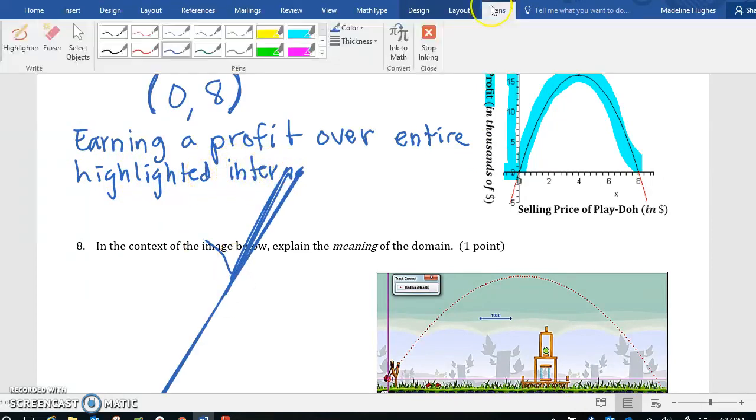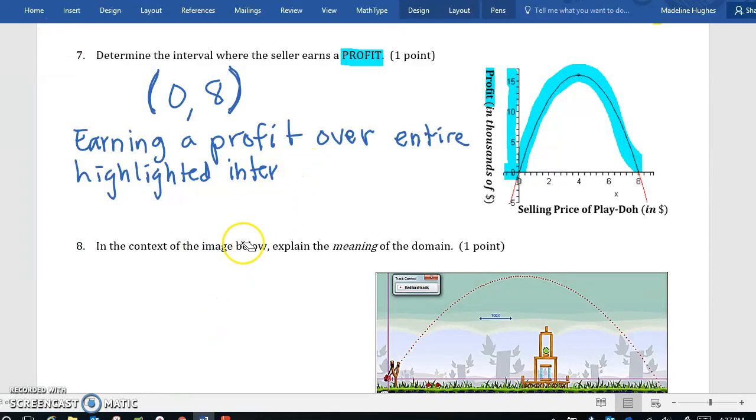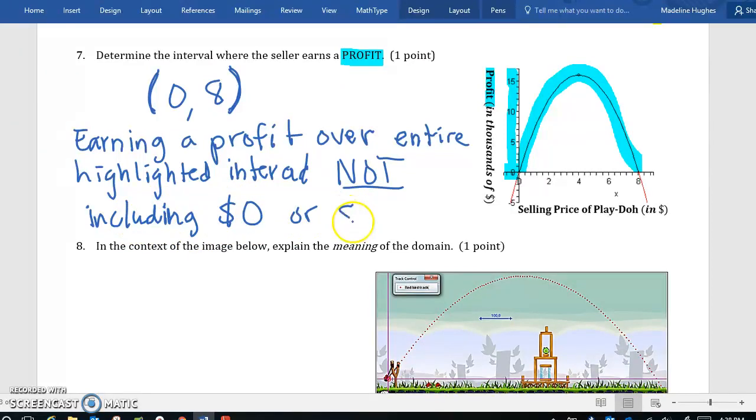Over this interval, but not including $0 or $8.